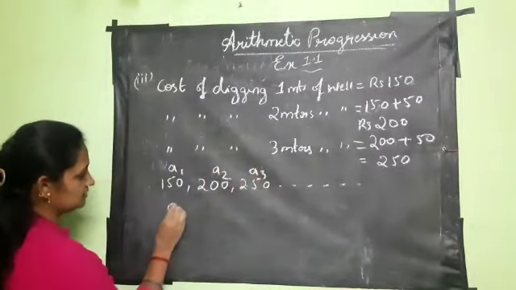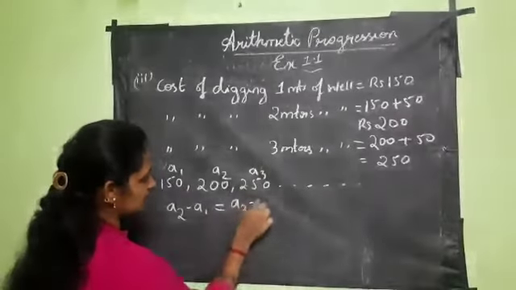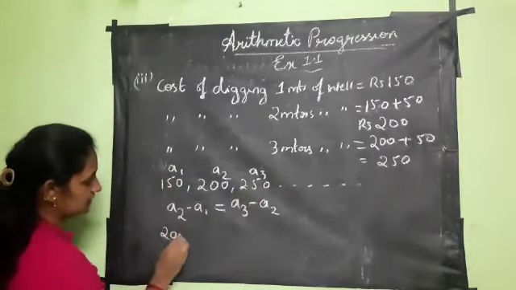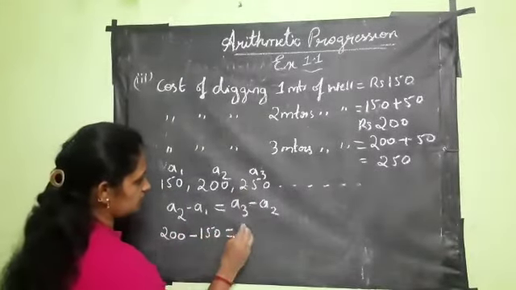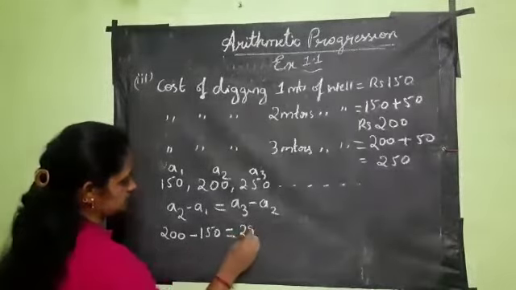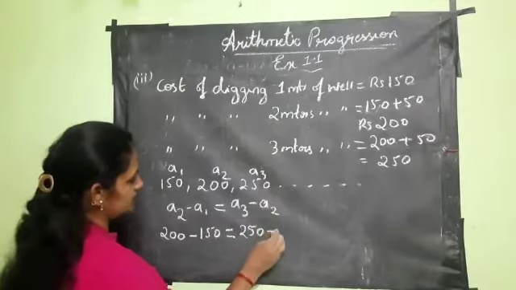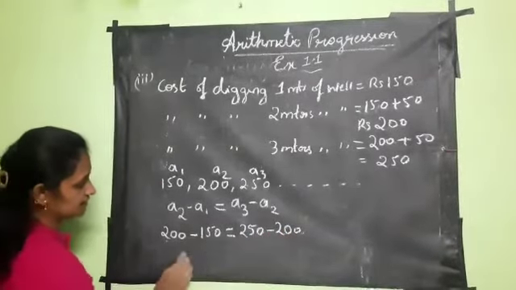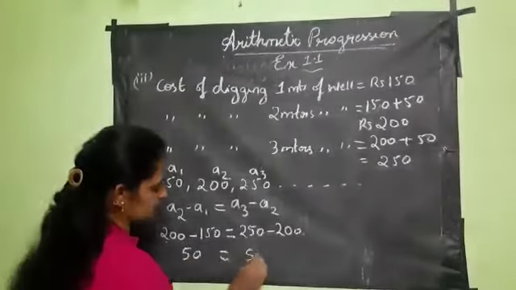Now we shall check whether A2 minus A1 is equal to A3 minus A2. So A2 is 200, 200 minus 150 should be equal to 250 minus 200. So 200 minus 150 is 50, and 250 minus 200 is also equal to 50.